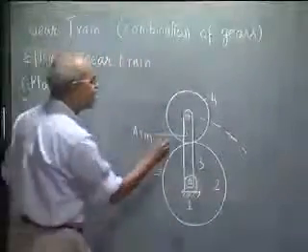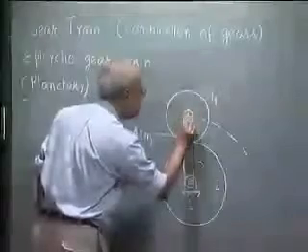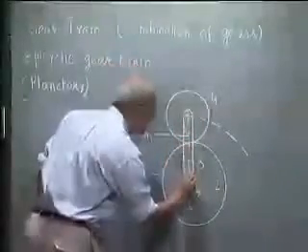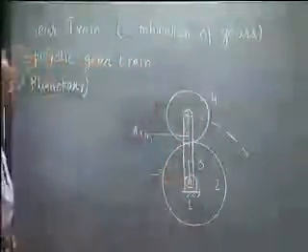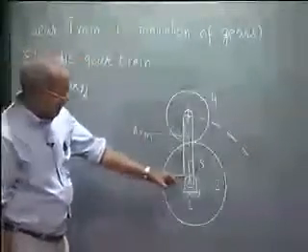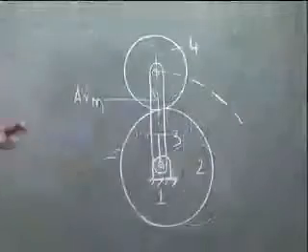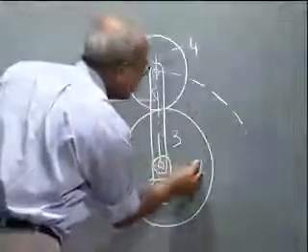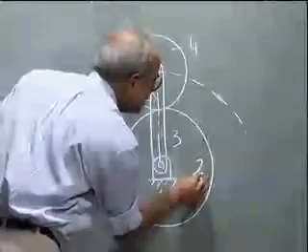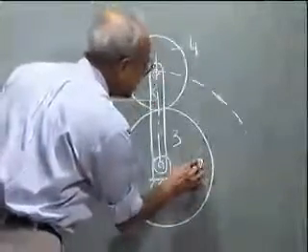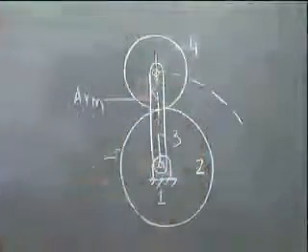We want to study the relative motion between 2, 3 and 4. And as I said, it has 2 degrees of freedom, so only 2 input speeds are necessary to fix the output speed.